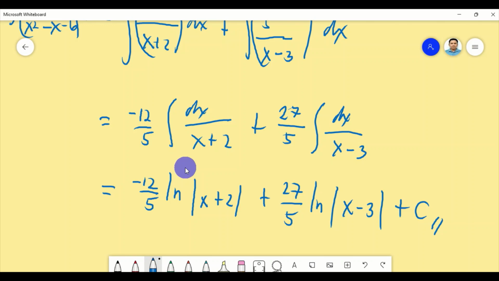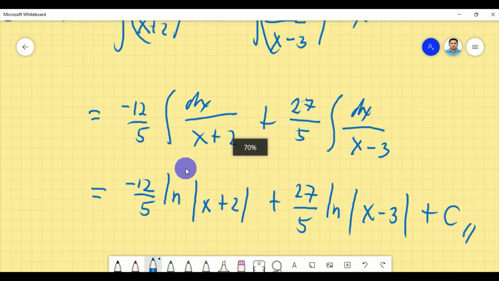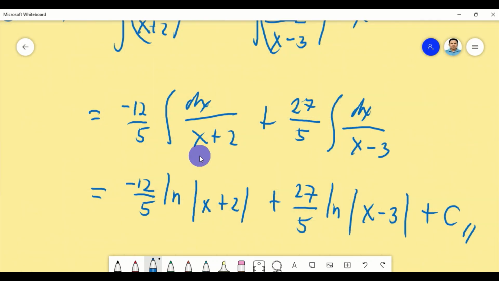But in our first example, I have shown to you the process of getting the integral of similar functions using substitution. So we can now directly go to its integral. So negative 12 over 5, the integral of dx all over x plus 2 is ln of x plus 2, and the integral of dx over x minus 3 is ln of the absolute value of x minus 3.